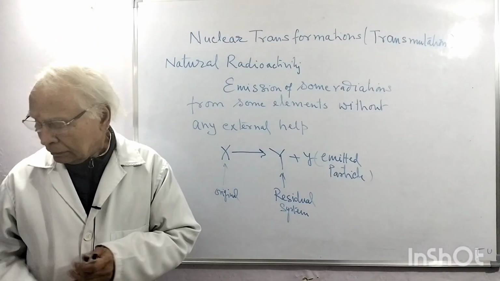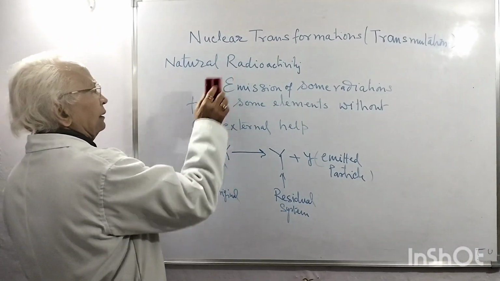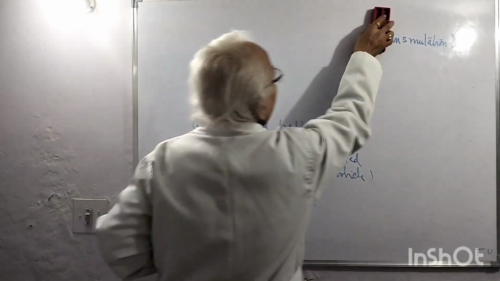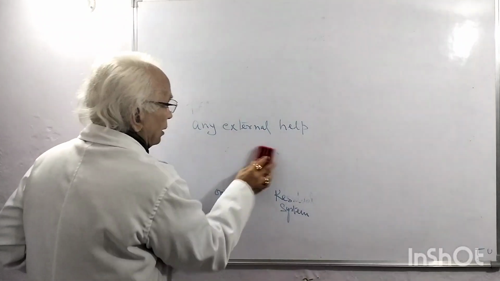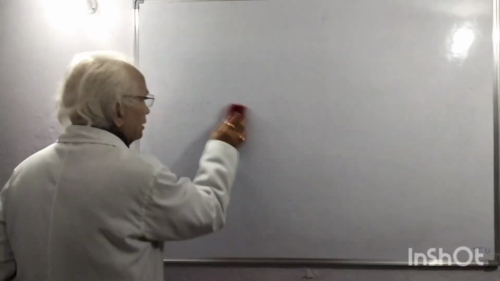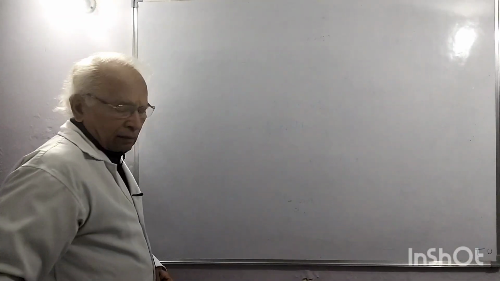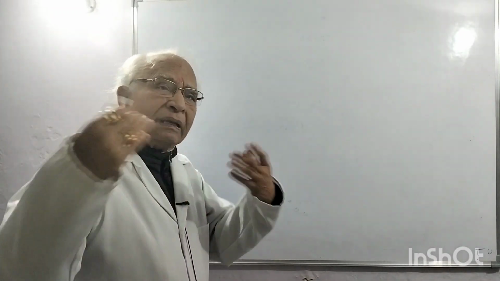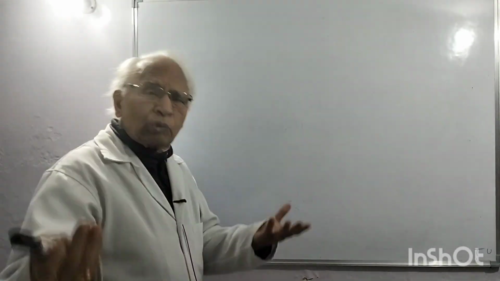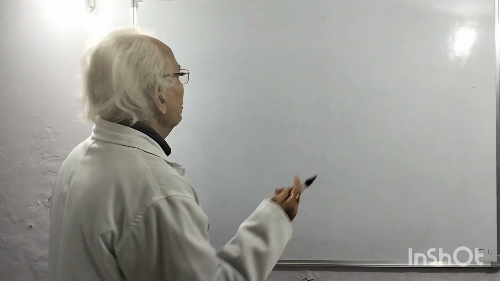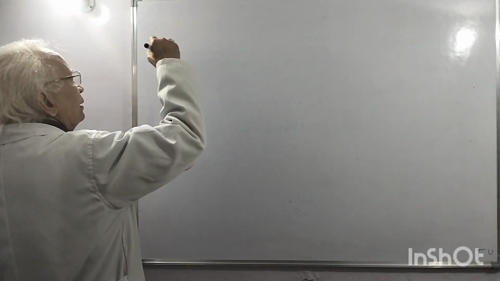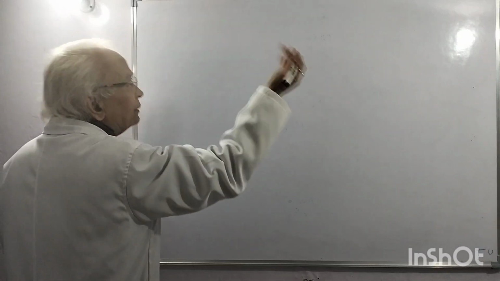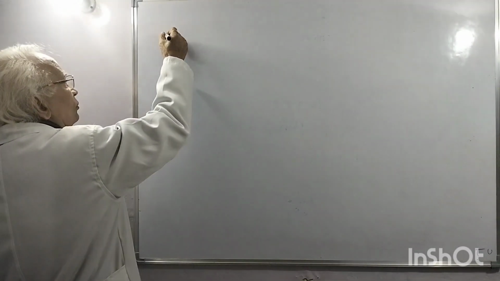So this is called a natural phenomenon, and in nature it is observed that there are many elements which are emitting some radiations, and when these radiations come out, we get either a new element or a new isotope of the same element. So there is natural transformation and emission of radiations, that is natural radioactivity.